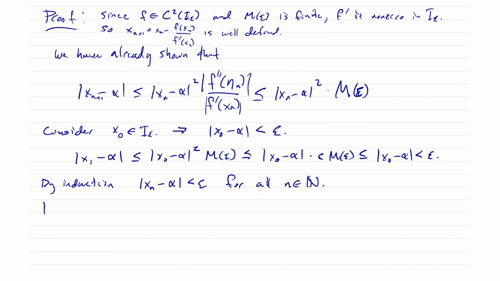So what you can do then is the following. You start off with xn plus 1 minus alpha, and we know that this is less than or equal to xn minus alpha squared times m epsilon. Well, shave off one of those terms, and this is less than or equal to xn minus alpha times epsilon times m epsilon.